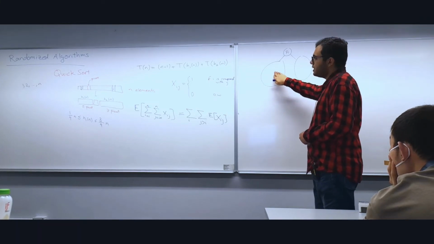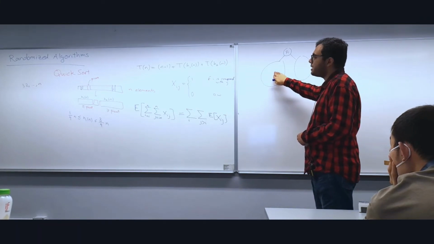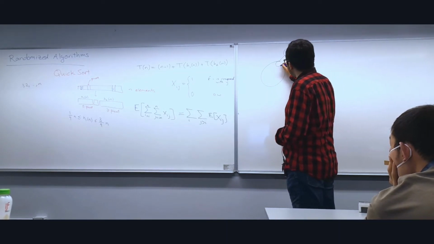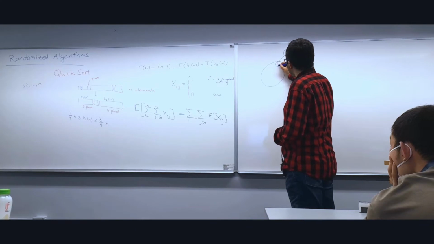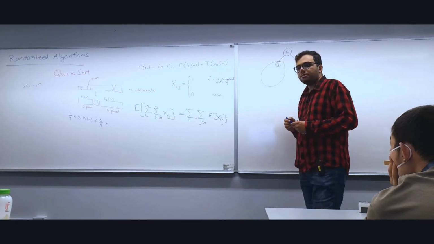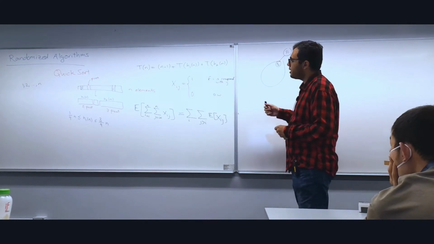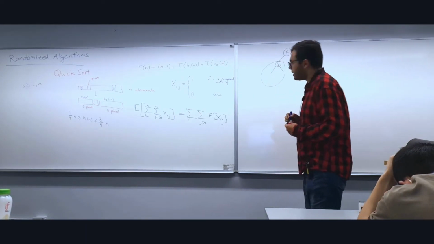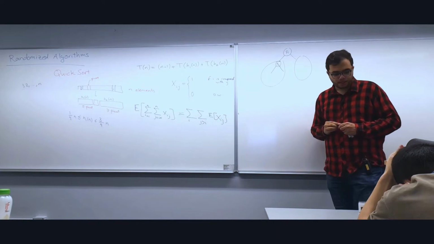In each of these places, I'm doing the same thing again recursively. So here I'm taking some other element, let's call it P2, as the pivot, and then I'm dividing the elements into two different parts.